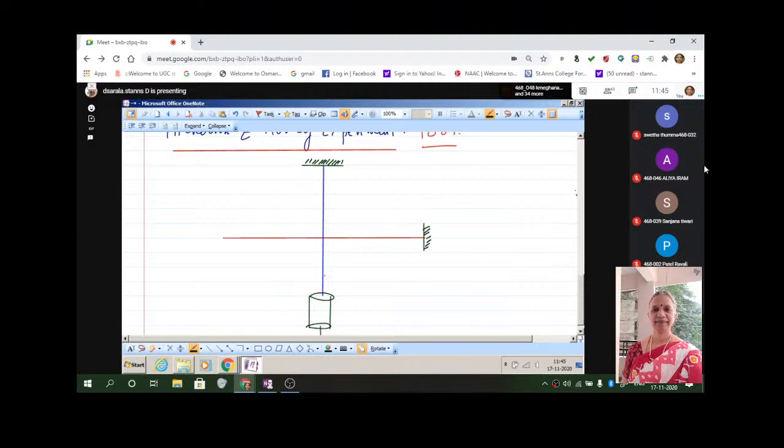These two, and then one more here. It should be at the same level. Try to draw it at the same level.